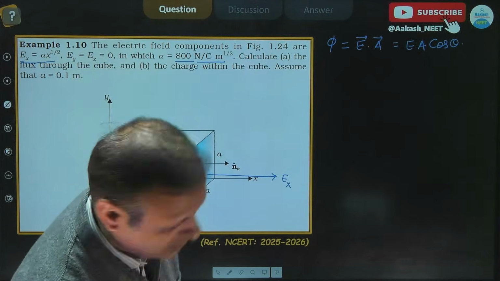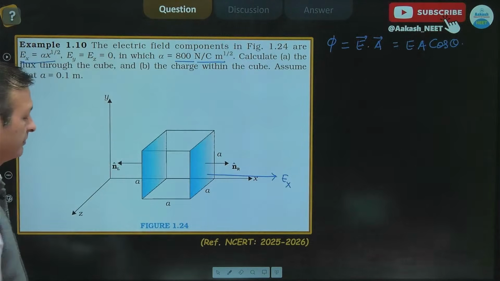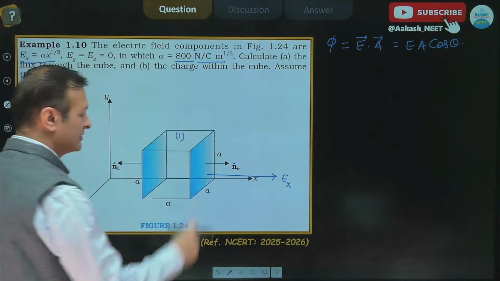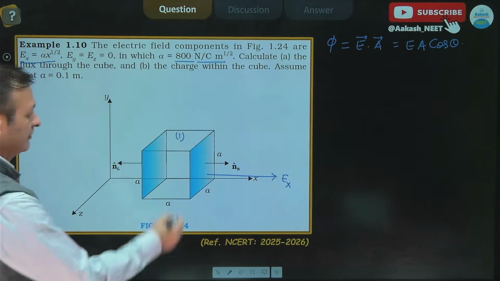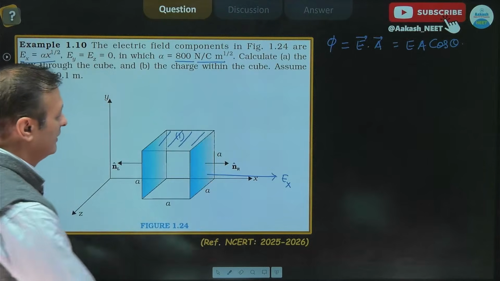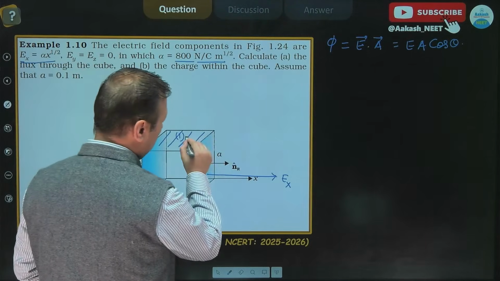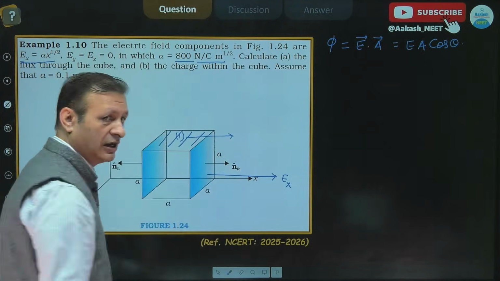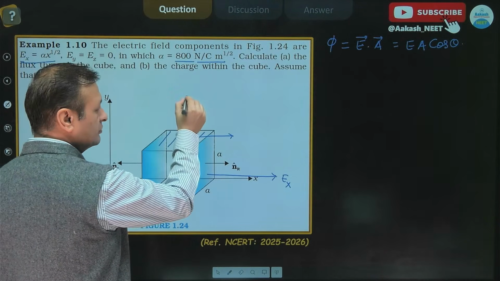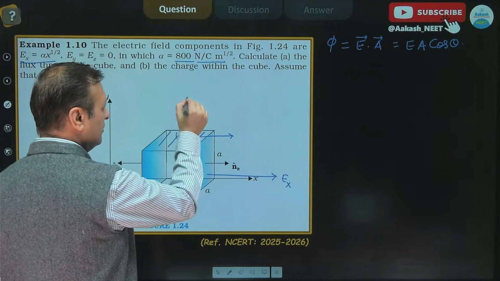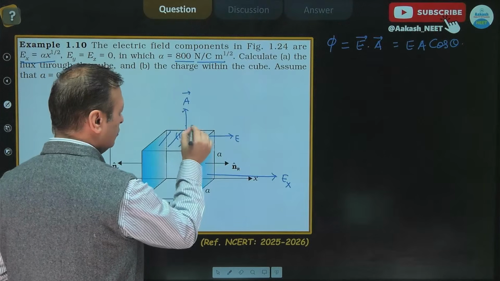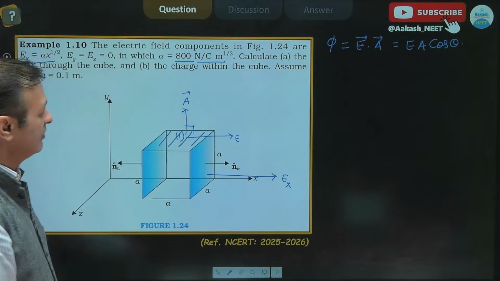So let me just help you to understand this concept. Let's suppose I label this part as surface 1. Now the electric field is along the x-axis and its area vector is this one. So what is the angle between electric field vector and area vector?